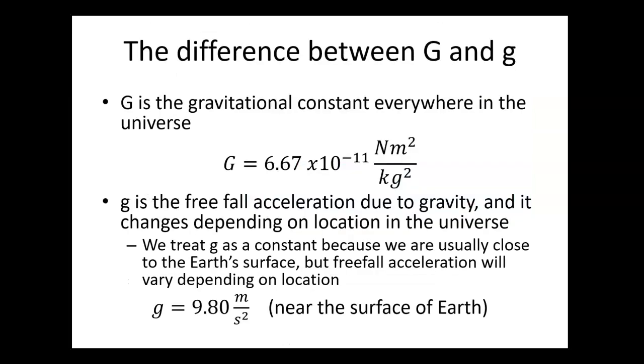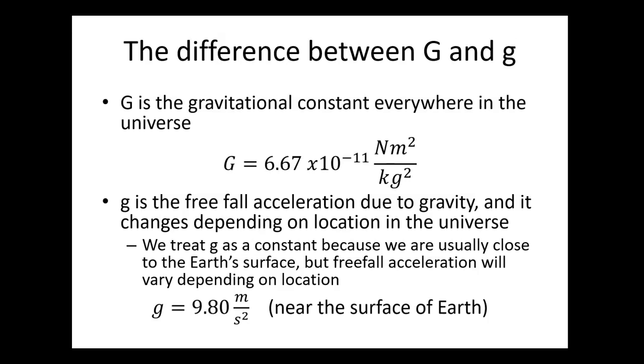So uppercase G represents the universal gravitational constant, and this value is the same everywhere in the universe. It's always 6.67 times 10 to the negative 11th. Lowercase g is the free fall acceleration due to gravity. A lot of times we work with this lowercase g as if it were a constant, but really this acceleration due to gravity changes depending on location in the universe.